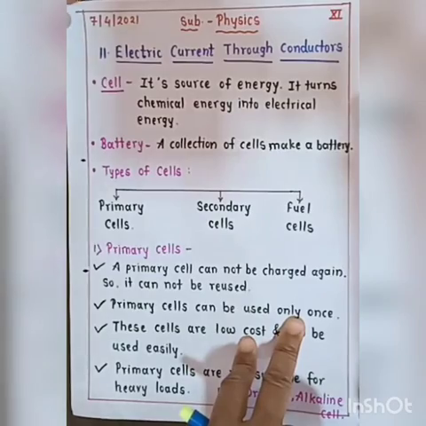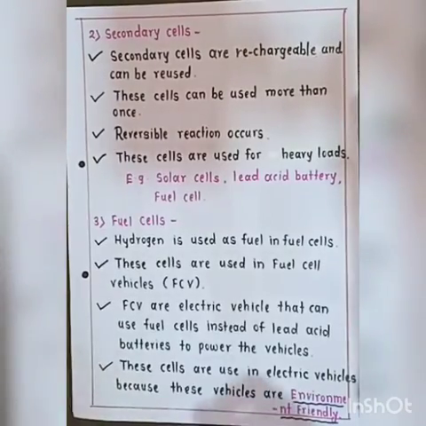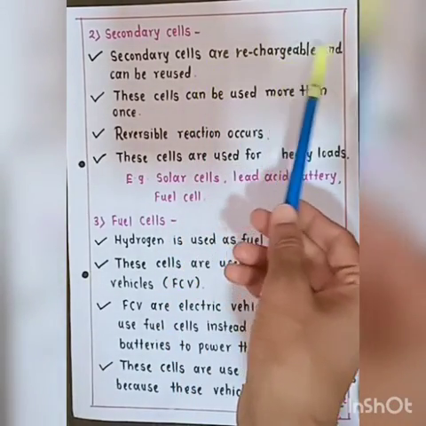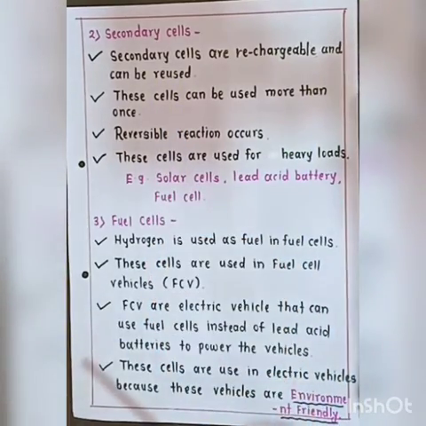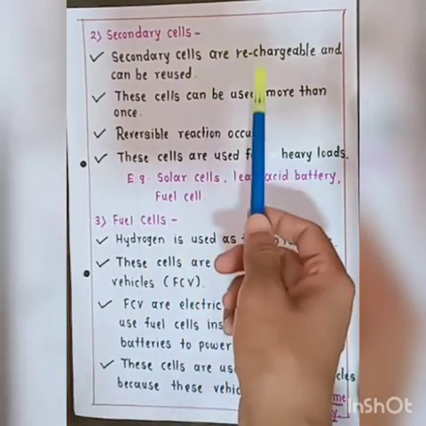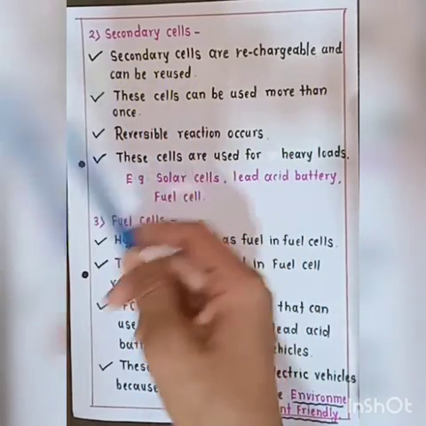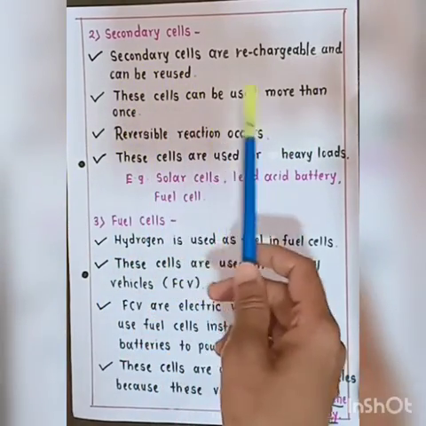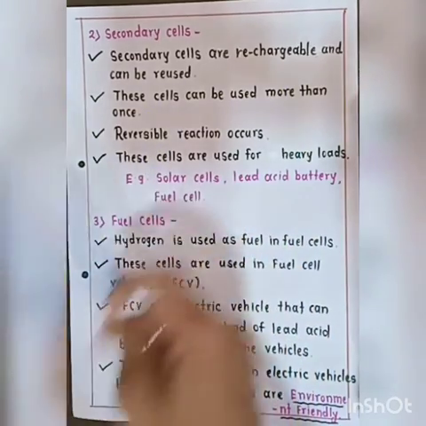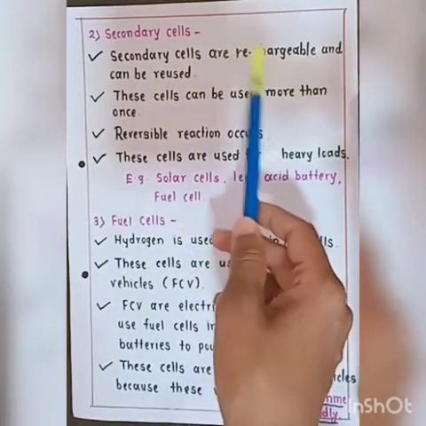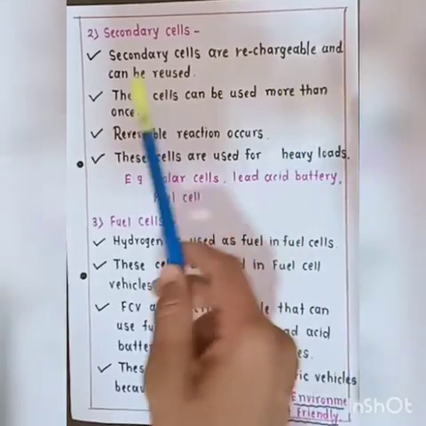Now the second type is secondary cells. Secondary cells are rechargeable and can be reused, recharged again and again, so they can be used more than once.